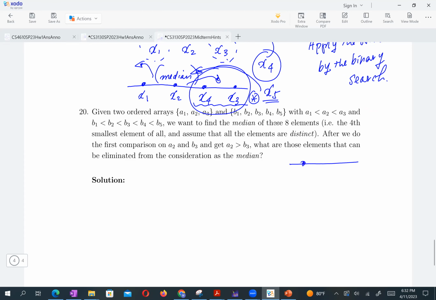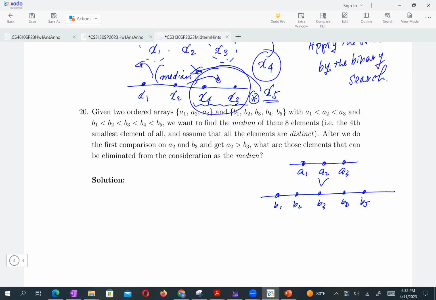A array has 3 elements, B array has 5 elements: B1, B2, B3, B4, B5, but our condition is X2 greater than B3.